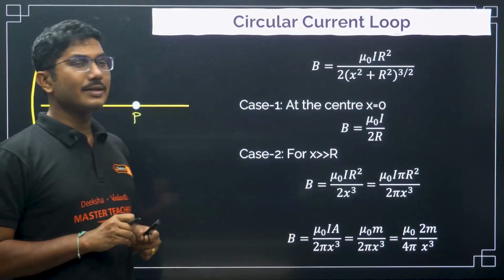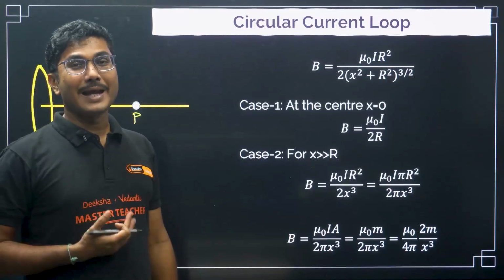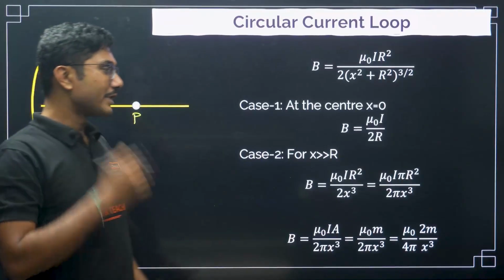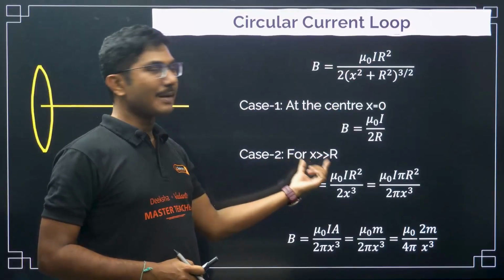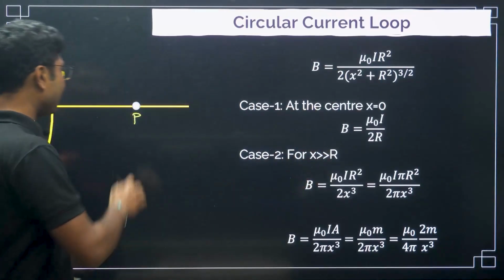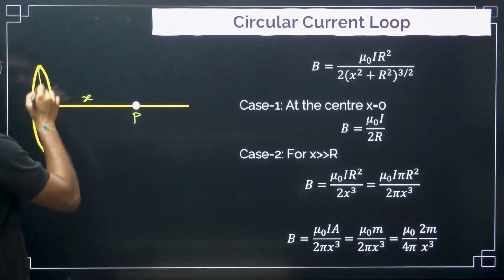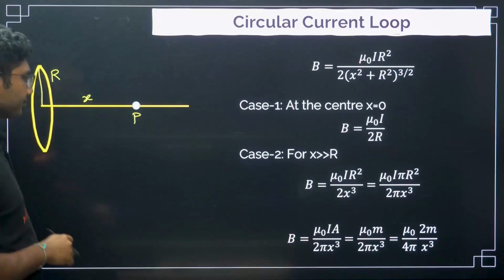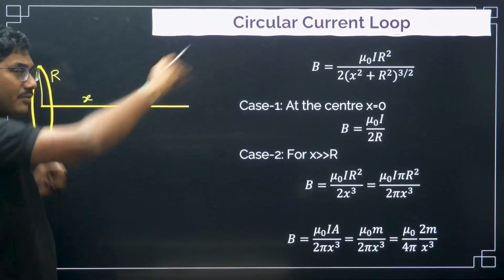After deriving this, you have to put the approximation that x is very, very much greater than r. This distance, by the way, is x, and this distance is r.